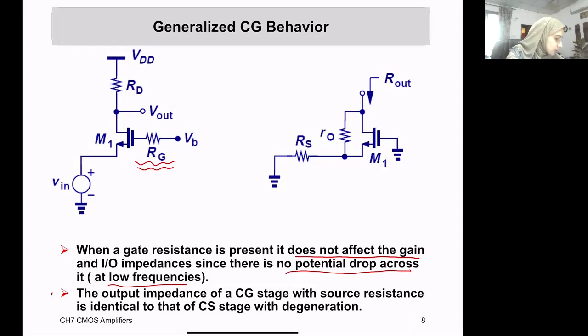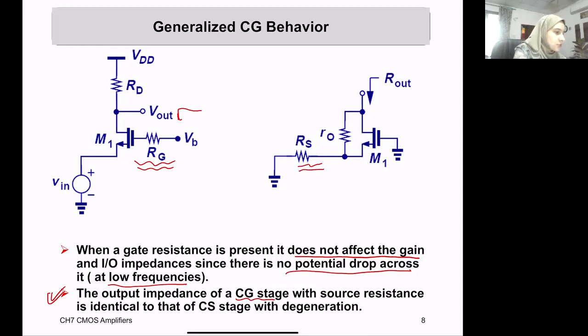Okay, and also this point which we just mentioned earlier, the impedance that we see at the common gate, it's a different point. The output impedance, in case of having a source impedance, will look like the common source with degeneration.